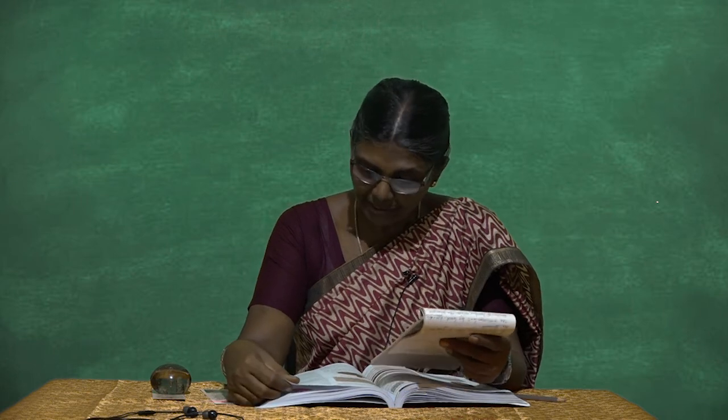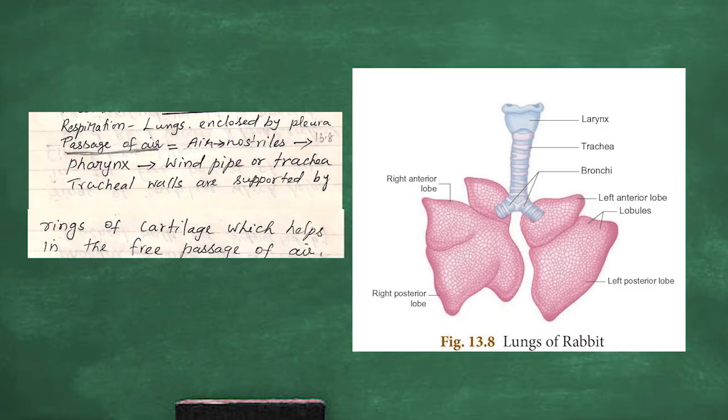Then next comes respiration. Respiration is done through lungs. It is enclosed by pleura. Passage of air goes to nostrils, then to pharynx, then to windpipe or trachea. Tracheal walls are supported by cartilaginous rings which help in the free passage of air.